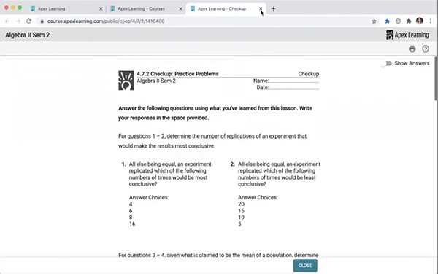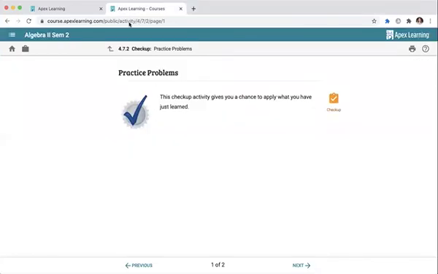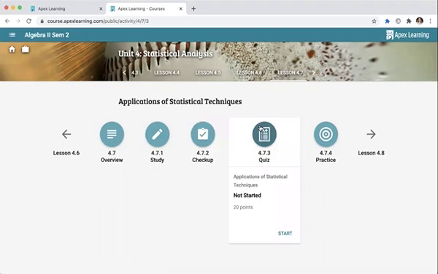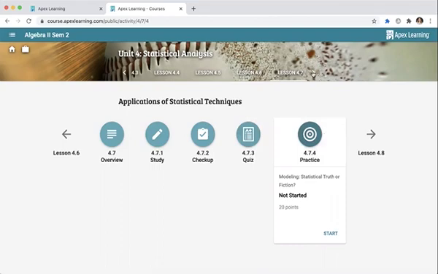Ultimately, that's what it adds up to: can you do a 95% confidence interval and make some conclusions based on that, assuming that the experiment is done perfectly well. All right, so here you've got this 4.7 quiz, and the extra credit practice opportunity if you want it.